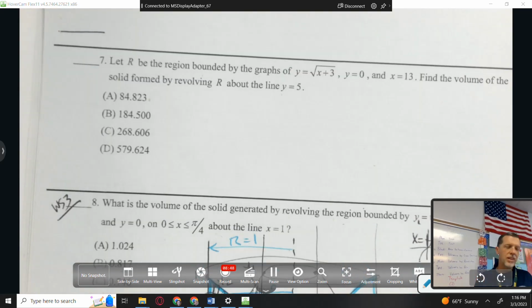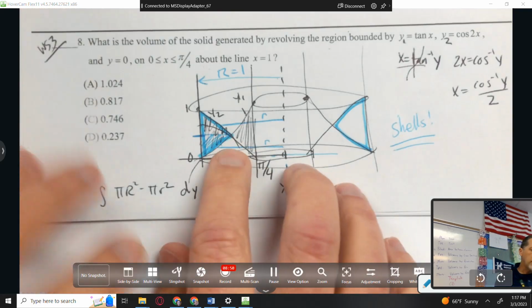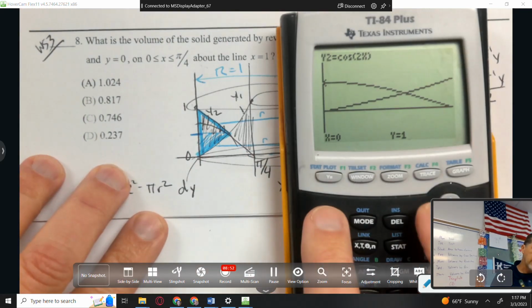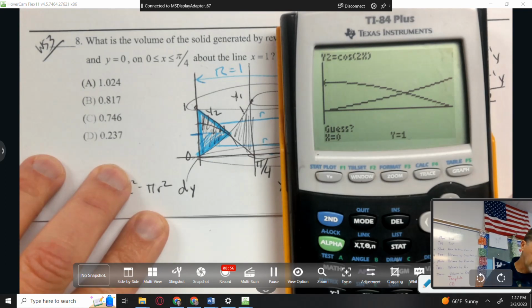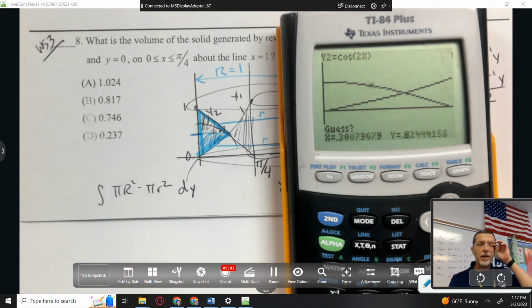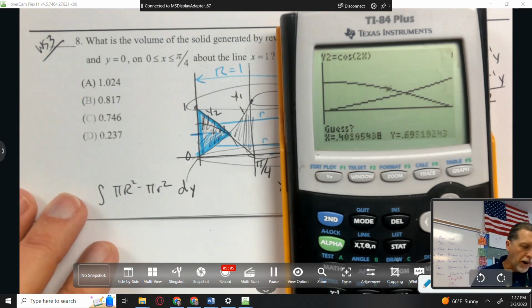What would the boundary even be? You'd have to find where they intersect. Second calc, intersect, first curve, second curve. Because they're both weird, I don't think it's going to be pi over 2 or pi over 3.